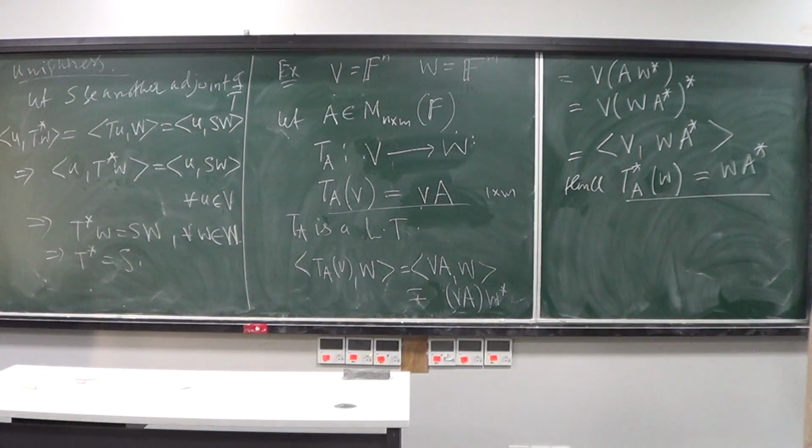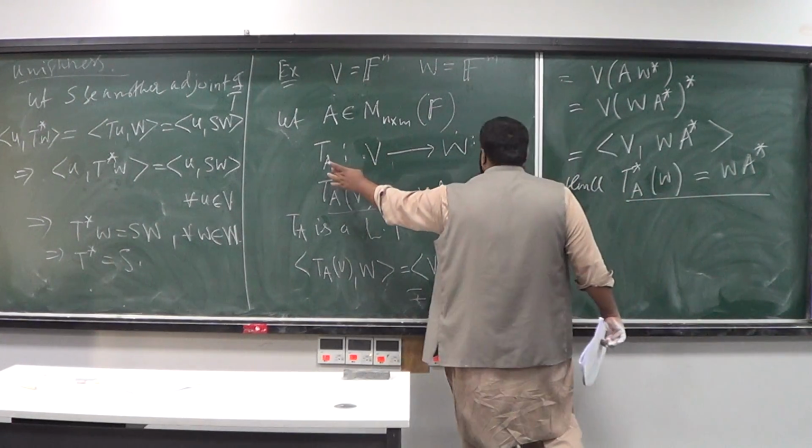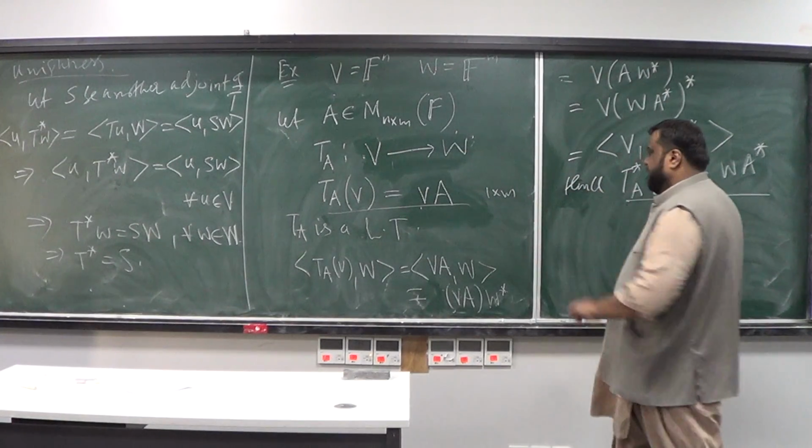If you look in the book, the calculation has been done in a bit different way, but the essence is the same. So for this linear transformation, the adjoint is A star.